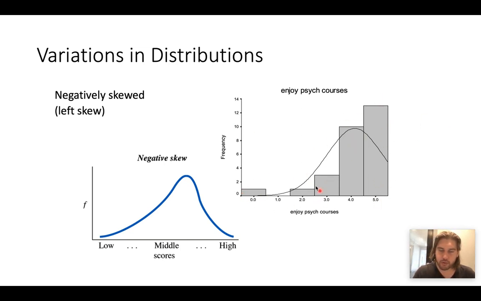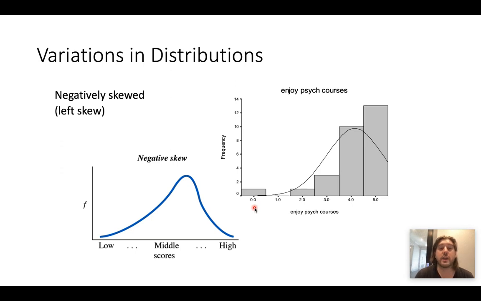Very few people responded on the low end. You can use computer programs, which we're not going to get into this semester, but basically they draw, for lack of a better term, a line of best fit. That's not exactly what it is, but it's basically smoothing this out into a distribution, finding a pattern in the distribution, if you will.